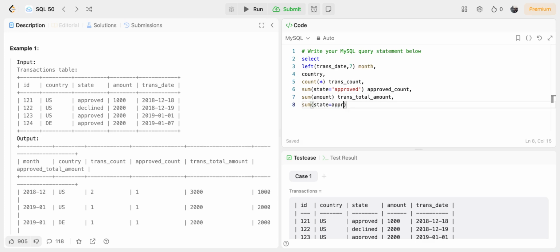State approved, multiply by the amount. So it's like getting how many times it's approved and then multiplying by amount, and call it approved total amount. By the way, this applies to MySQL.